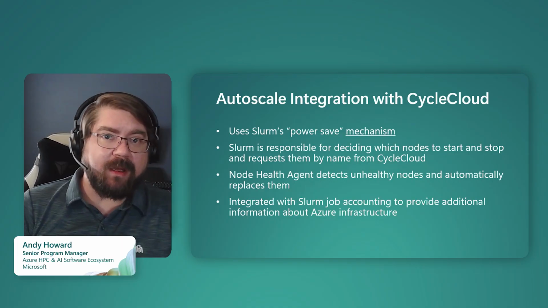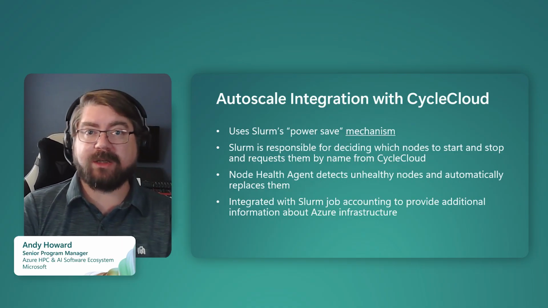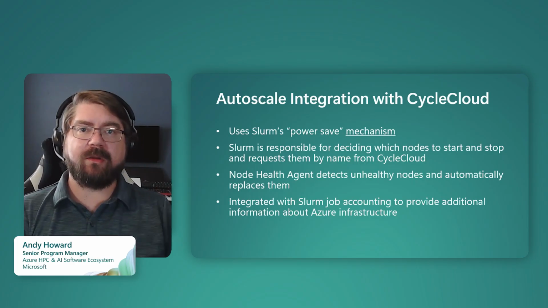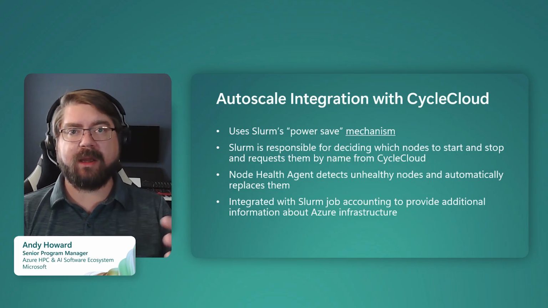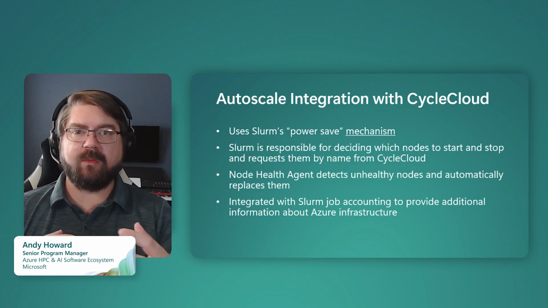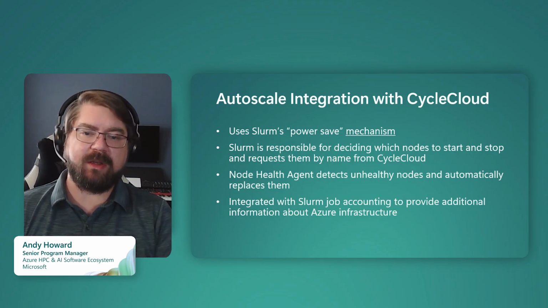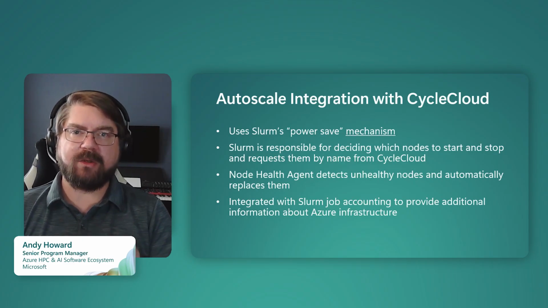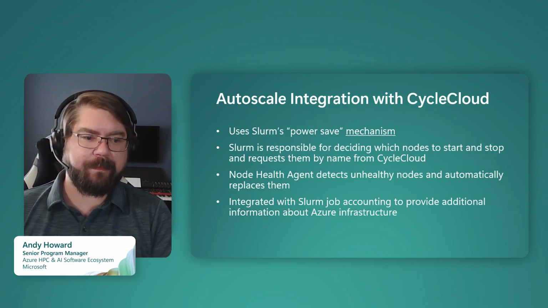What's the cost of that VM? Was it a spot VM or was it on demand? And so all of those things are where we actually start to inject additional data into the database as we allocate those nodes. So it's a really tight integration with CycleCloud and Slurm's built-in job accounting that enables a lot more detailed metrics and reporting to our customers.